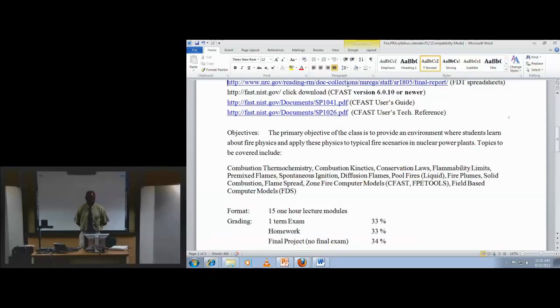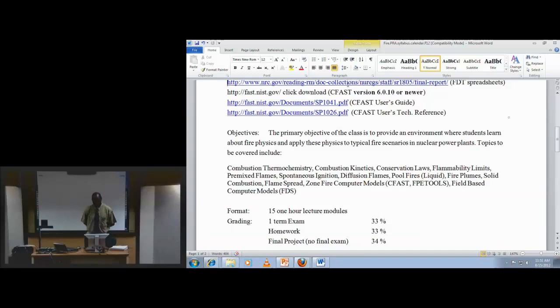So really, we're going to understand the fundamentals of fire and fire thermochemistry, understanding that none of the students in this class necessarily will be an expert in fire science, but again, with the hope that this will provide some clarification of what, again, these underlying issues are in fire.